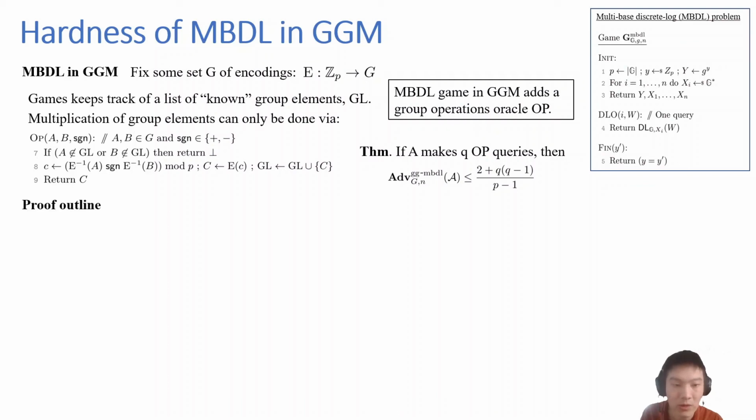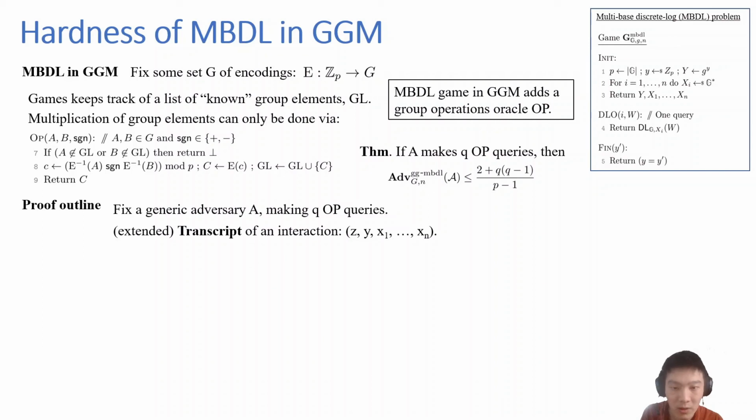So here we give the rough proof outline for this. First, we're going to fix some generic adversary making Q OP queries. And we're going to define an extended transcript to be of the form Z, which is the discrete log oracle response, Y, which is a target discrete log point, and the exponents x1 to xn.